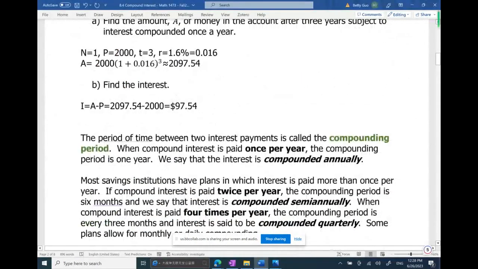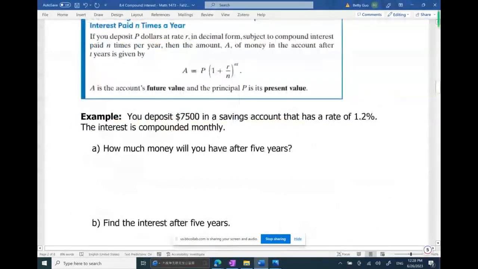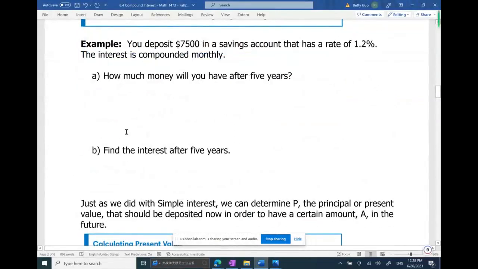All right, so let's look at the next example. You deposit $7,500 in a savings account that has a rate of 1.2%. The interest is compounded monthly. Compounded monthly means your n in the formula is 12.